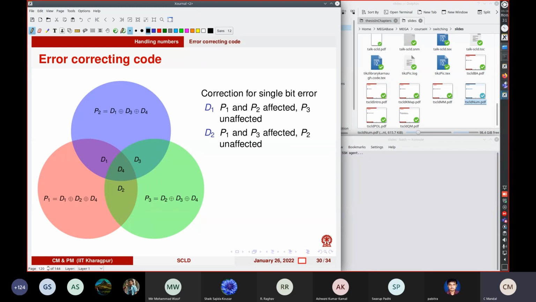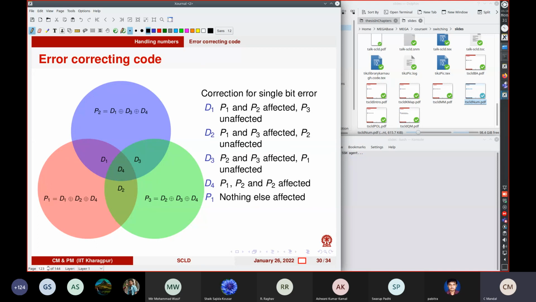If only P1 and P3 are affected, you know it's D2. If only P2 and P3 are affected, you know it's D3. And if all are affected, then you know it's D4. So this is the basic scheme. This is how it works.